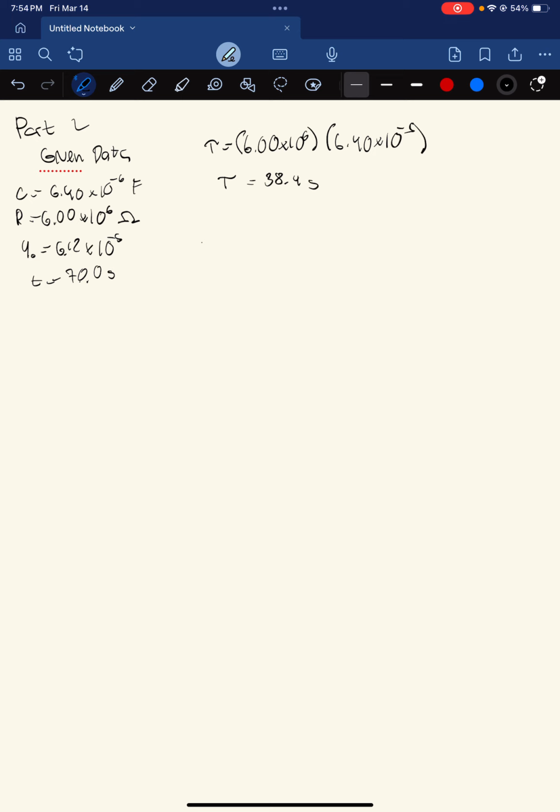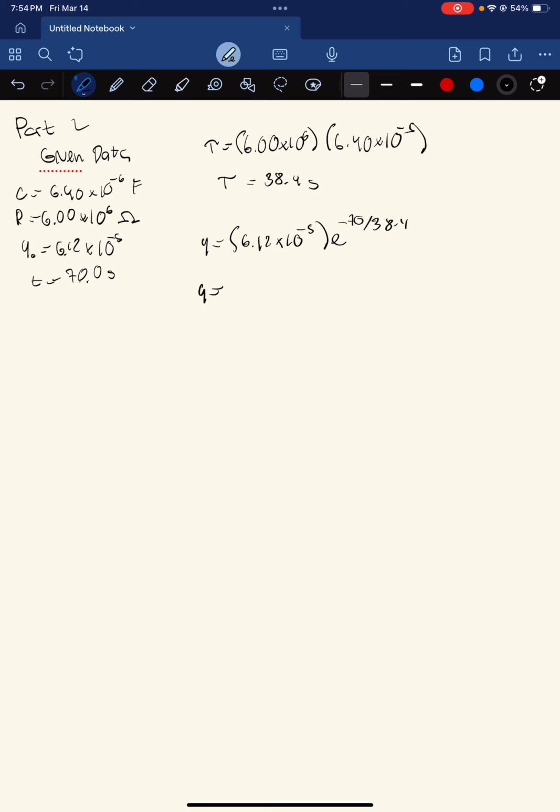Perfect. Now to calculate the charge, multiply the initial charge, 6.12 10 times -5, by e to the -70 over 38.4. Alright, and we'll get that to the calculator.